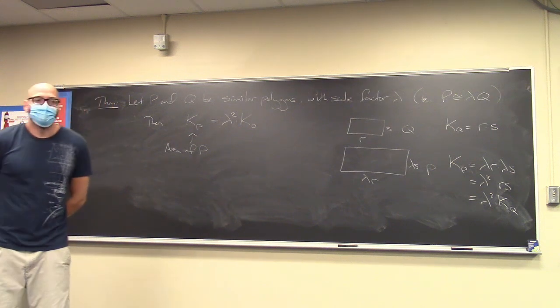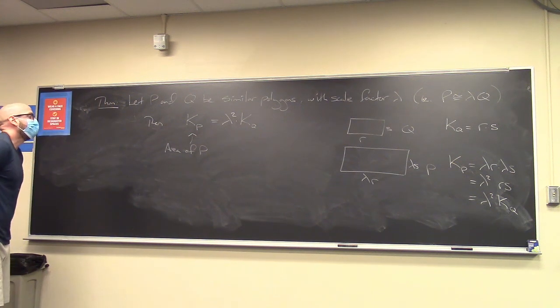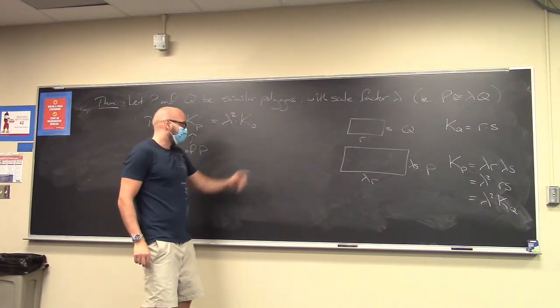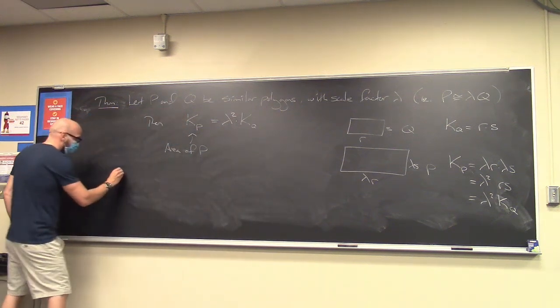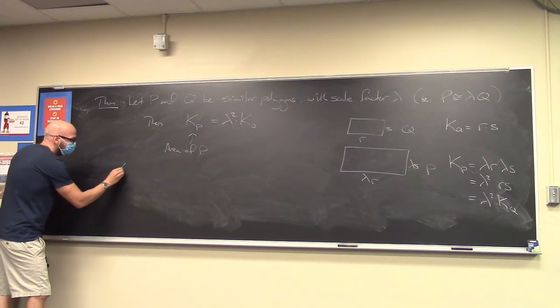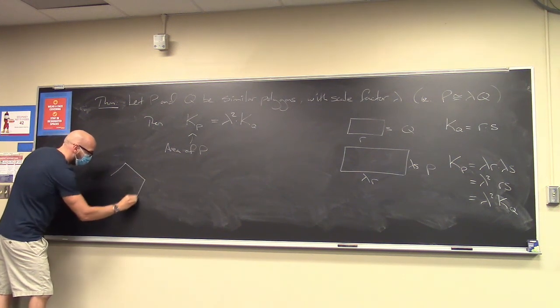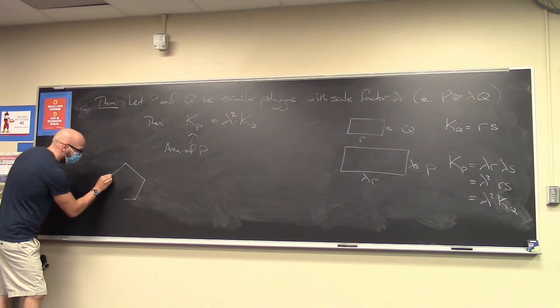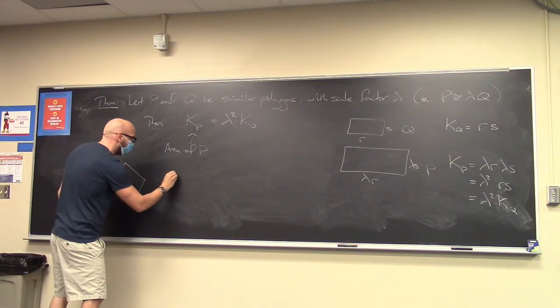Proving this is difficult. Easiest way is probably to invoke some sort of calculus. The reason I talked about squares here is because now it's not too hard to convince yourself that, okay, take two similar polygons. Maybe I'll go with some similar pentagons here.